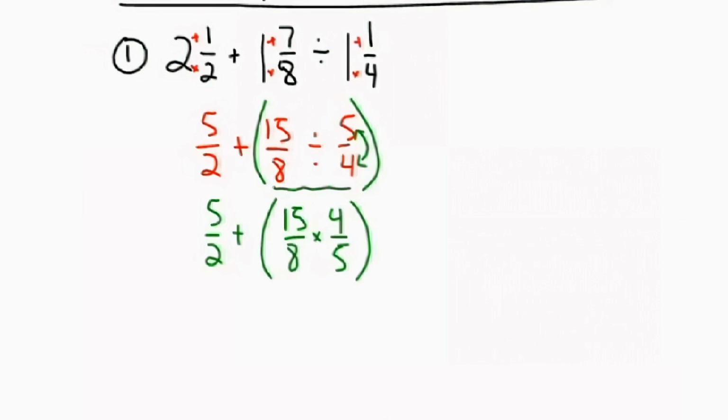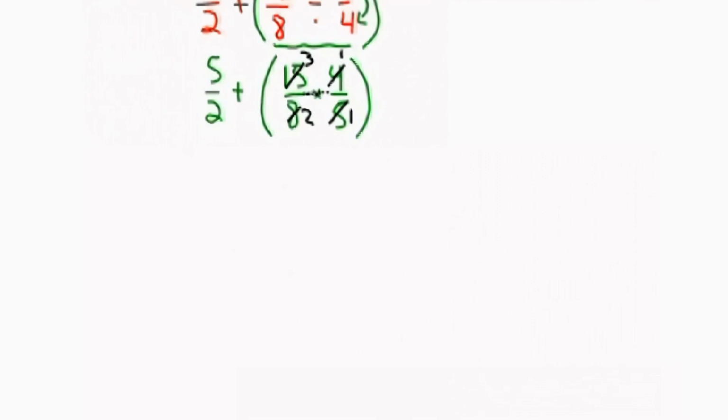So we can cancel here top to bottom because, again, with this multiplication sign here, it's really like there's a multiplication the whole way across. So 5 goes into 5 one time, and 5 goes into 15 3 times. 4 goes into 4 once, and 4 goes into 8 twice.